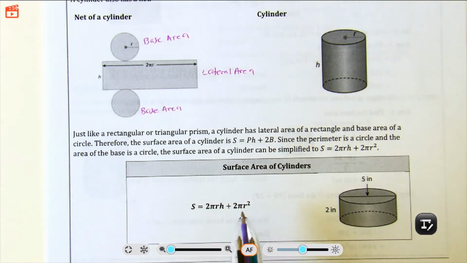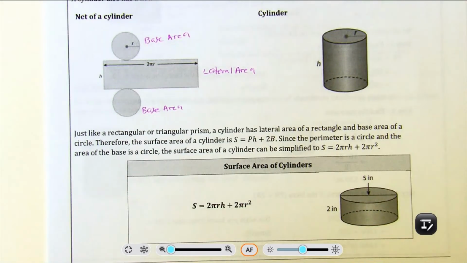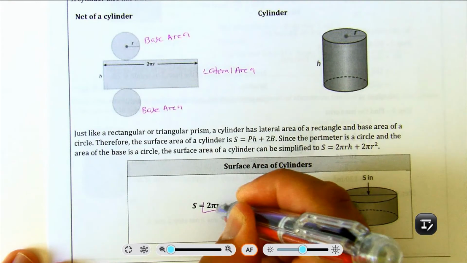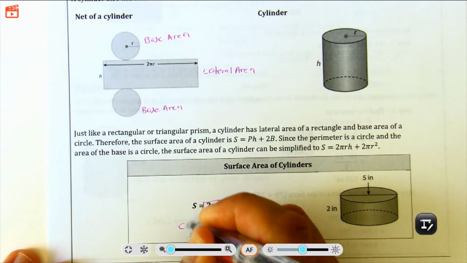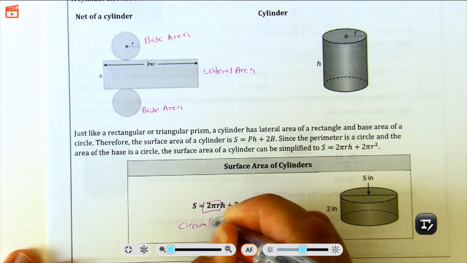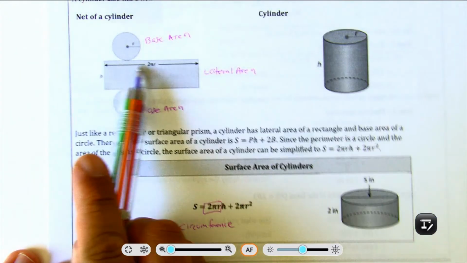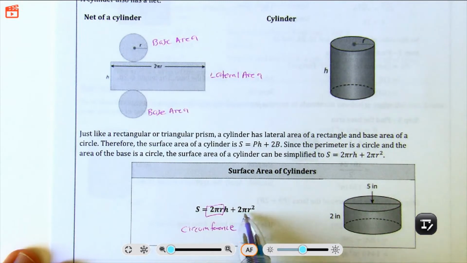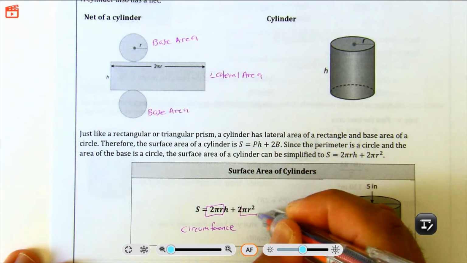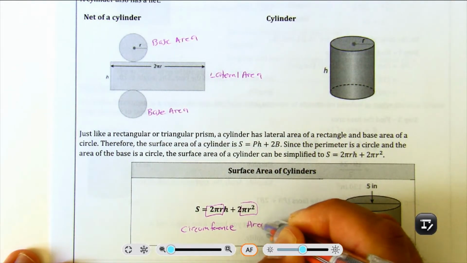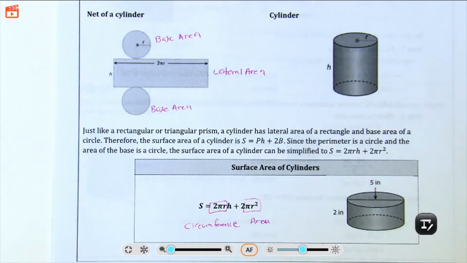Now if you're asking where we get this formula, this 2 pi r, that is the circumference of the cylinder. So that's the length. And this pi r squared, that is the area of a circle formula. The area of a circle is pi r squared. So pretty much to solve these problems, we need the radius and we need the height.